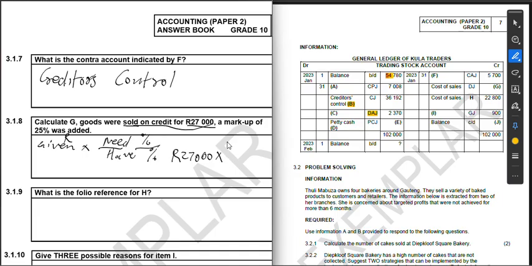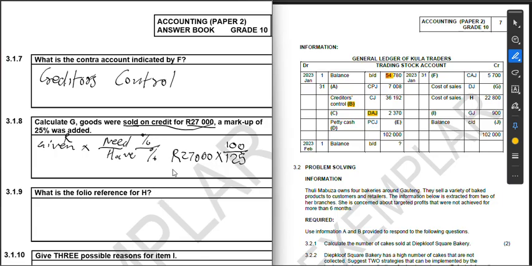We need 100, which is the cost. Remember that markup is always on cost. So it's going to be 100, and then the selling price, this 27,000, how much in percentage is that? It's 125.